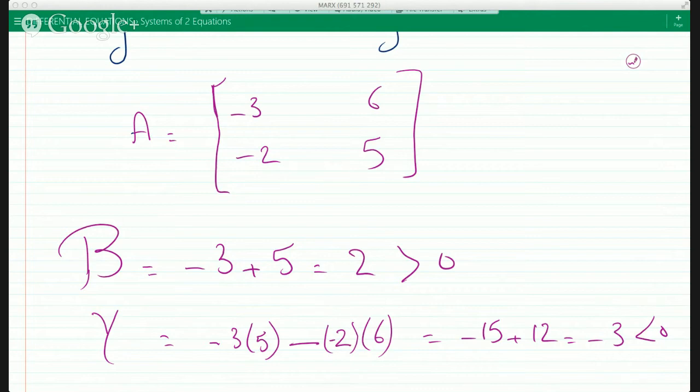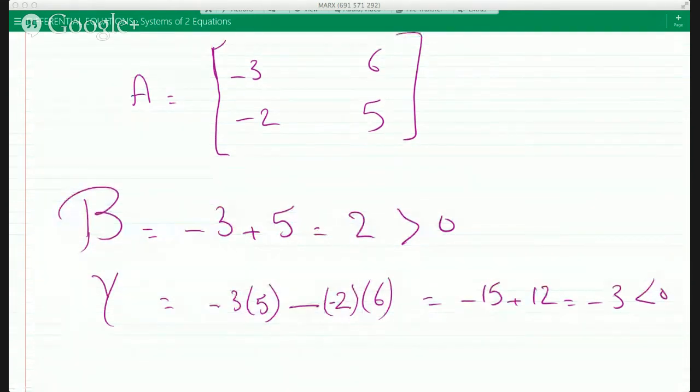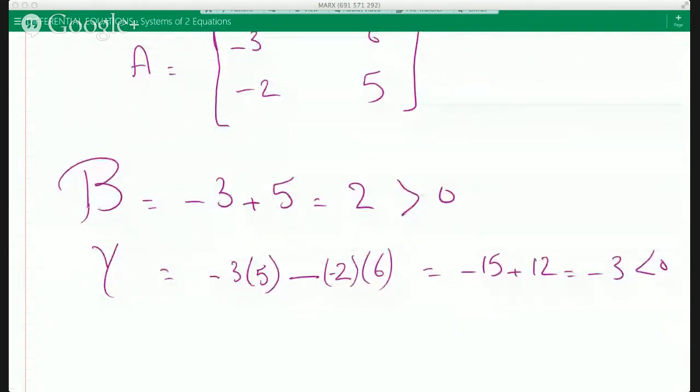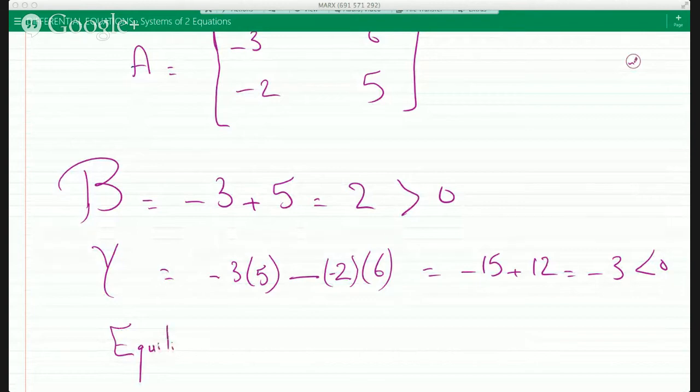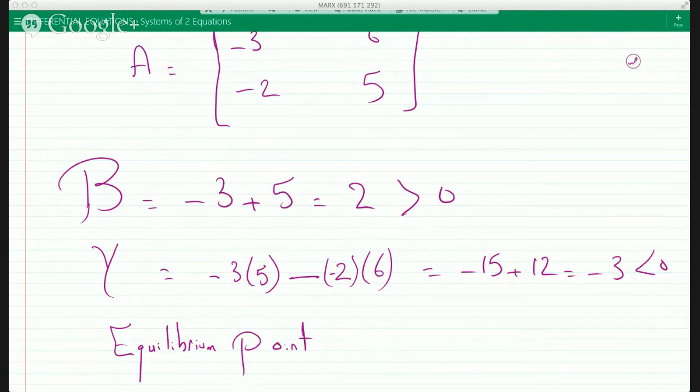Right? Beta greater than 0. Well, if gamma is less than 0, that automatically means that the equilibrium point, which is the origin in this case, is a saddle point.